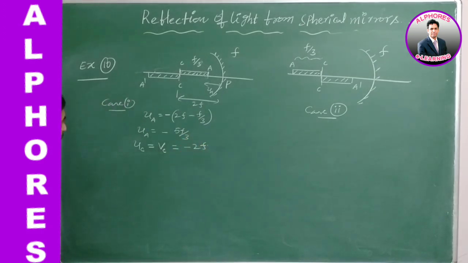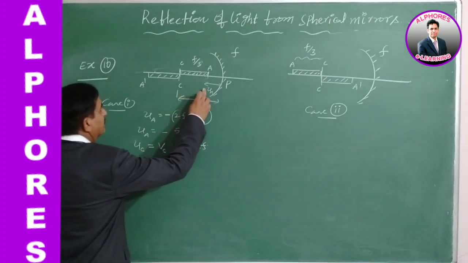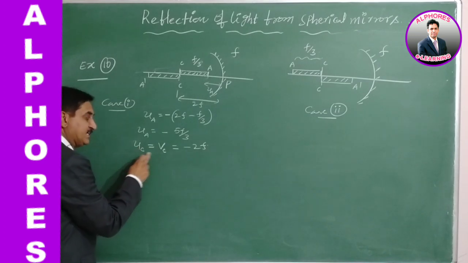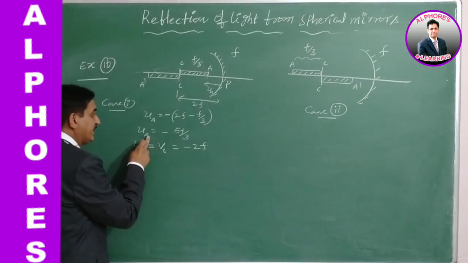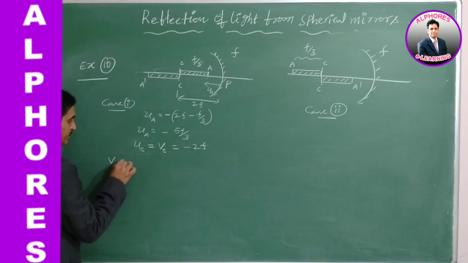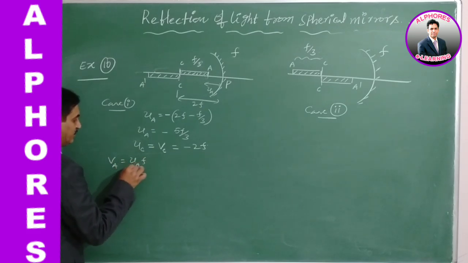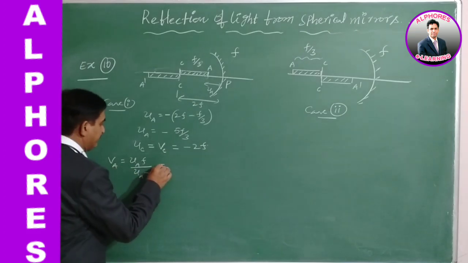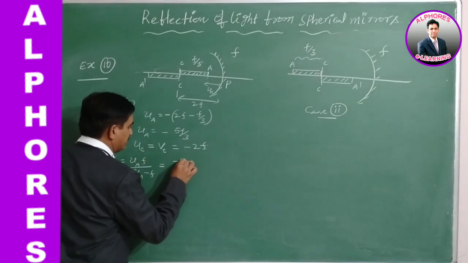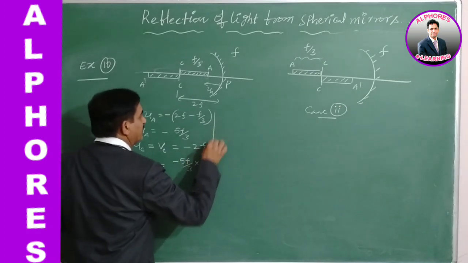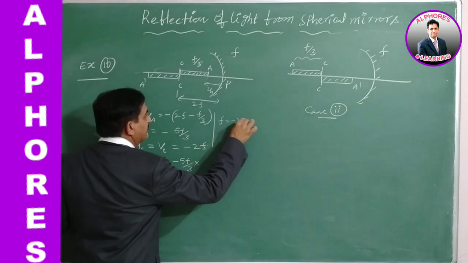Clear? Okay. So we have UC corresponding VC, and we have to find UA corresponding VA. Let us find that VA value. VA is equal to UA into F by UA minus F. This is the formula, and we put in the values. UA is equal to minus 5F by 3, and the focal length of a concave mirror is negative.